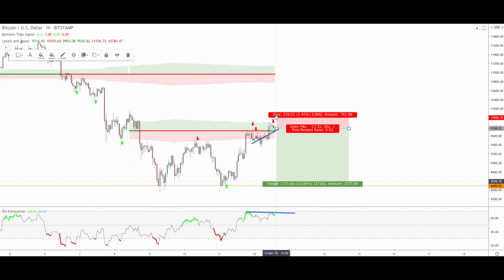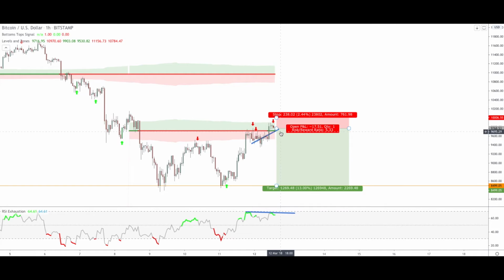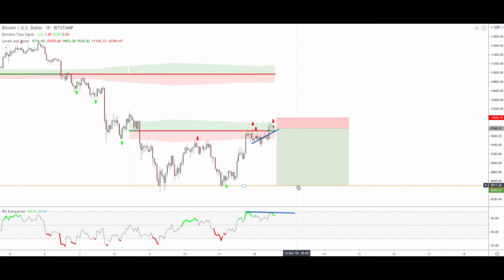So the target, I just set it to be this one. If the price goes down, we should expect it to reach at least this level, and we know it can because we have a lot of evidence that it can.